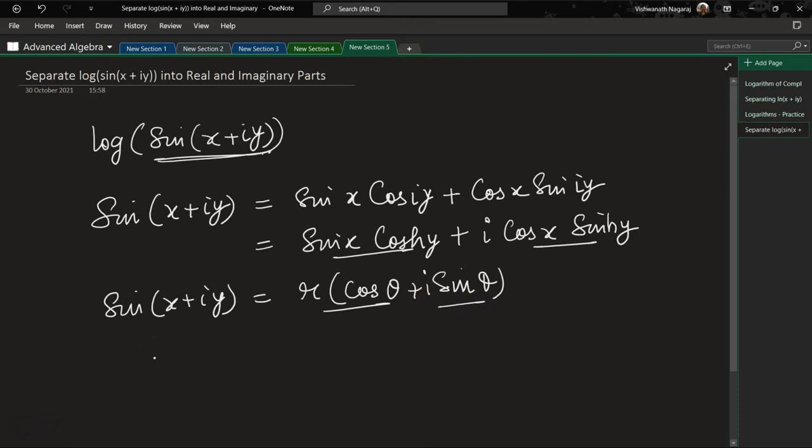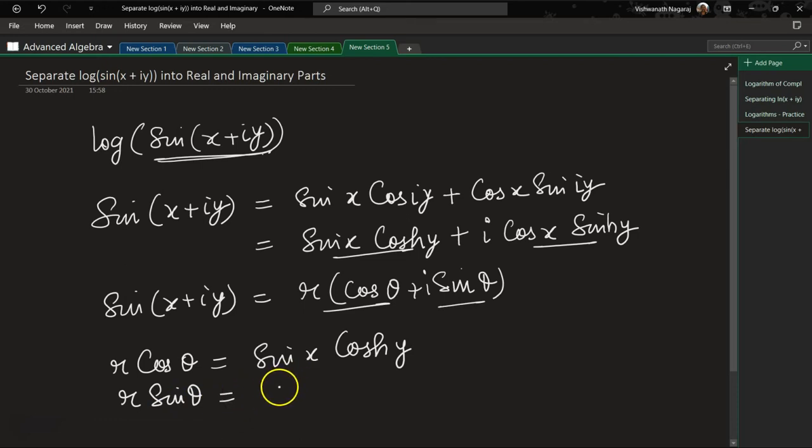What do we get? r cos theta is equal to sin x cosh y, and r sin theta is equal to cos x sinh y.